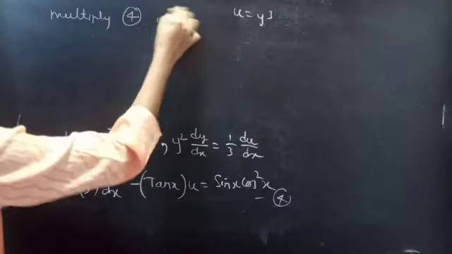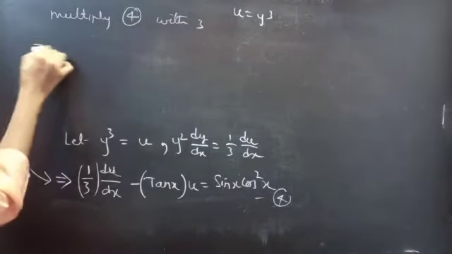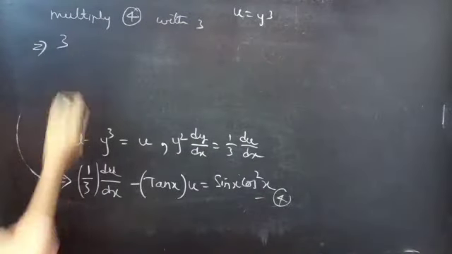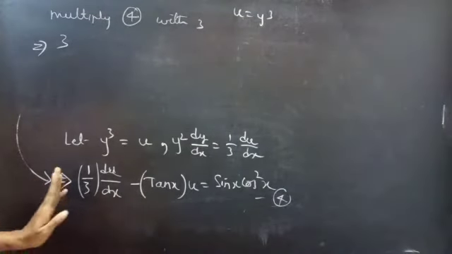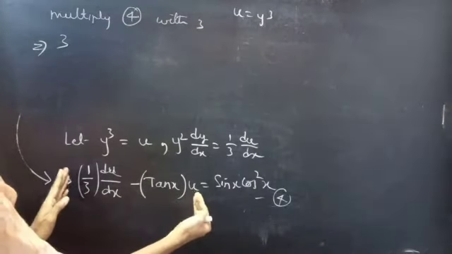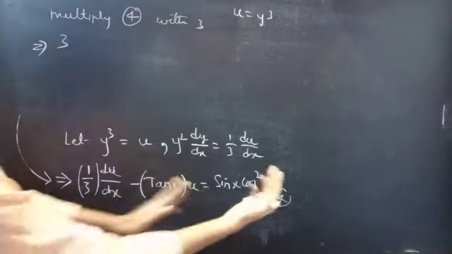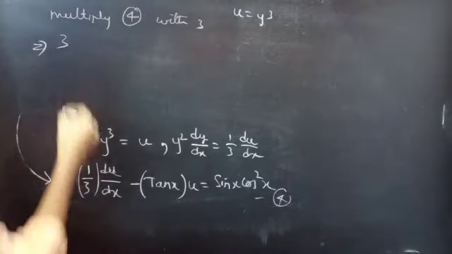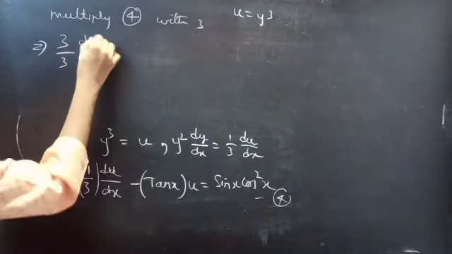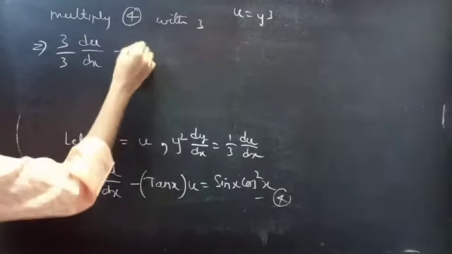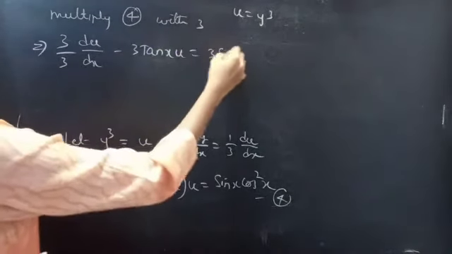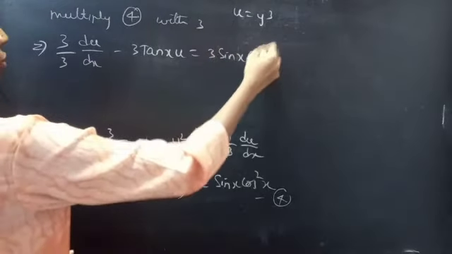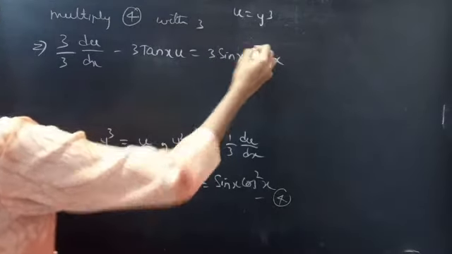That is, multiply the LHS part by 3 and the RHS part by 3. Then we get 3 by 3 into du by dx minus 3 tan x into u equals 3 sin x into cos square x.